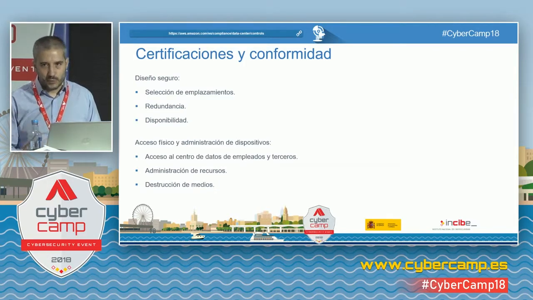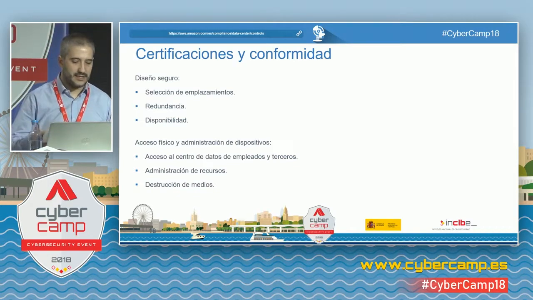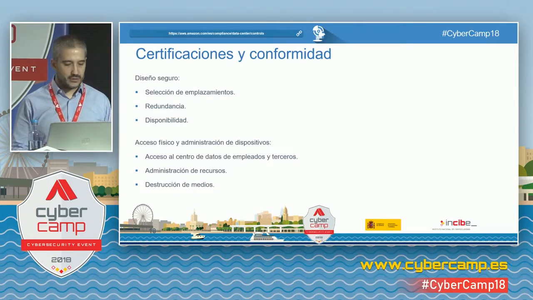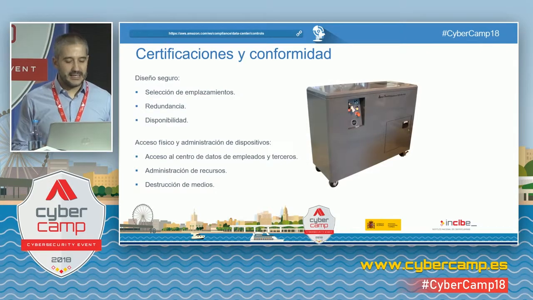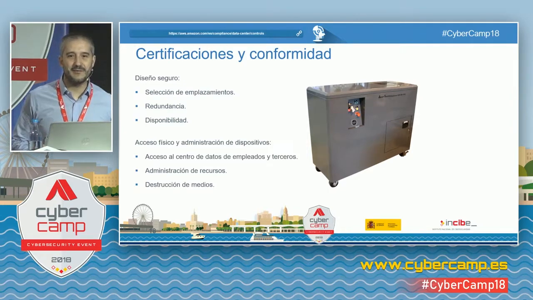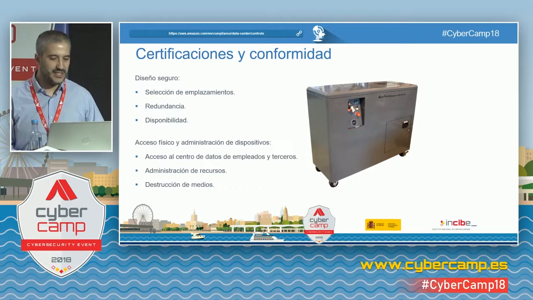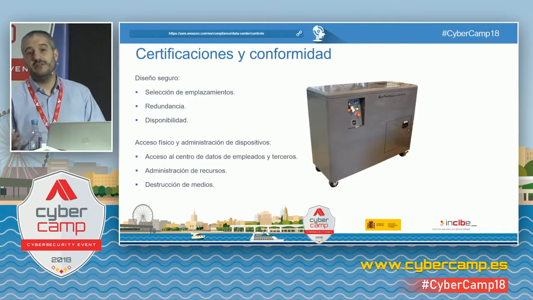What about physical access? Well, there are very strict policies for third-party information access and also to avoid destruction of resources. For instance, Amazon has equipment like this. I don't know if you can imagine how large that is in the real world.